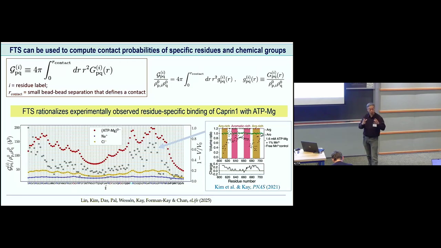By doing that, we can rationalize this binding of ATP in a residue-specific way in the Kaplan-1 condensate. This is the experimental data from Lewis's group. The gray points are experimental data, and these red points are the FTS prediction. They are basically giving the same trend, and you have more binding in the regions that are more arginine rich.